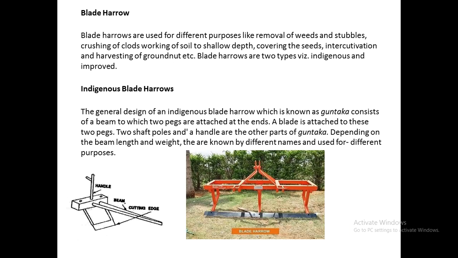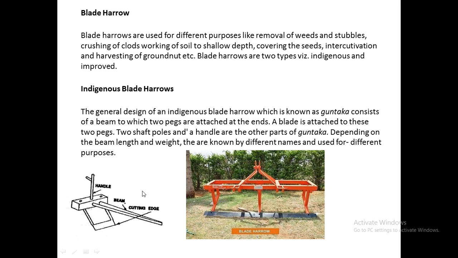Harrow is the most commonly used secondary tillage implement. Harrows are used for removing weeds and stubbles, and for further crushing the clods, which were the end result of the primary tillage activity. Blade harrows are of two types, either indigenous or improved. The indigenous blade harrow is given here on the left side as a black and white image.